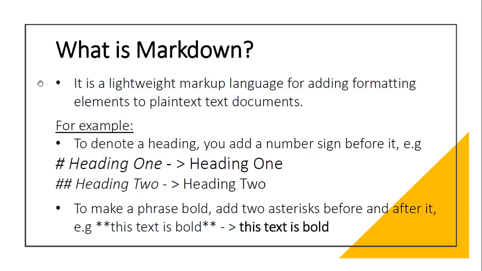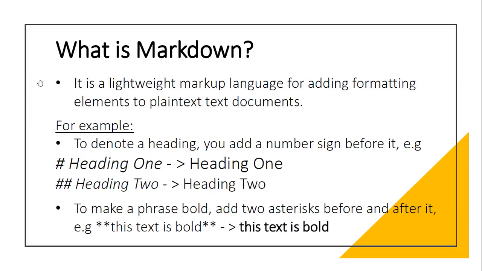For example, if you want to write the heading of a section in your report, there is the hash sign that you append before the heading title. Like I show here, if you use the single hash sign, the heading will be bigger.